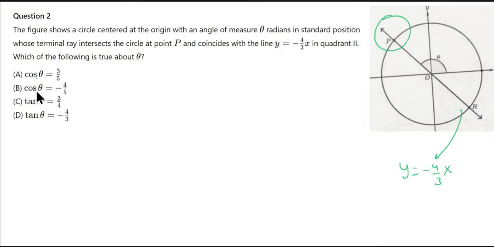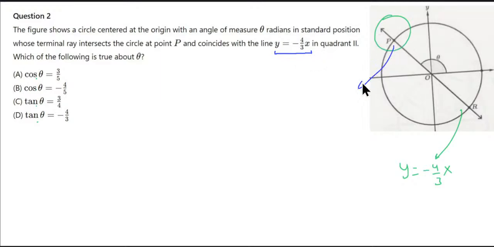They are interested in getting either the value of cosine theta or tangent of theta. How can we do that? Although I do not know the coordinates of P, I know that P lies on this line.